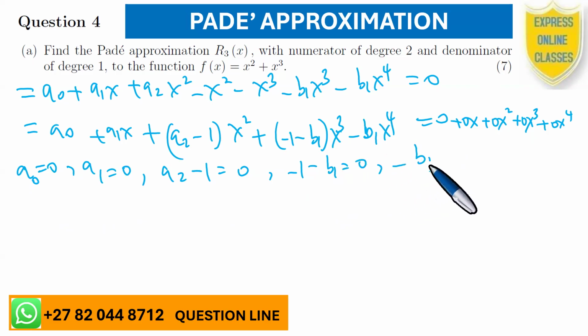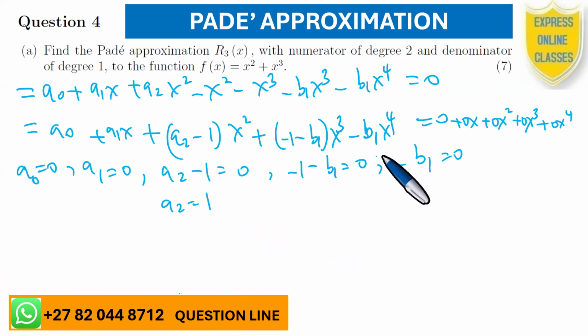So you'd have exactly that. Now you'd have x to the 4th power, which means that a2 is 1.